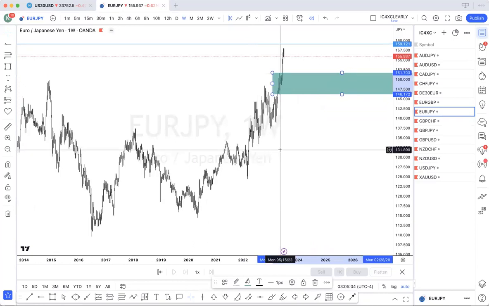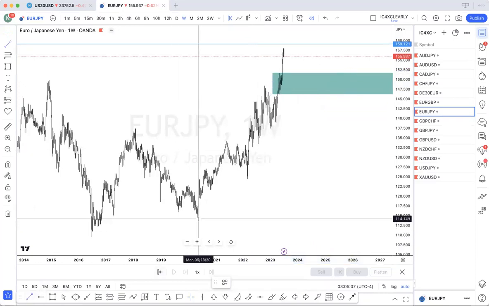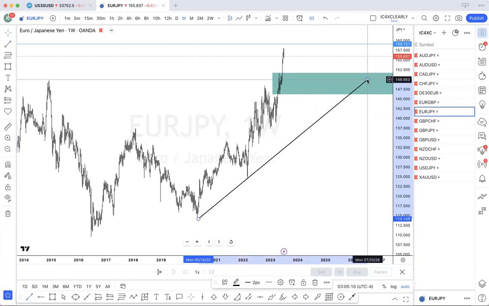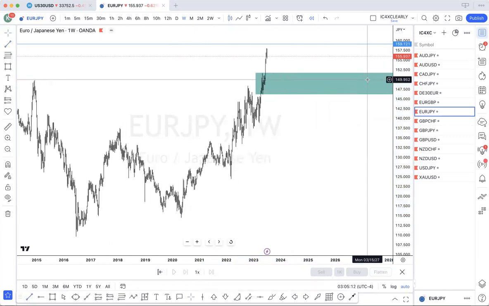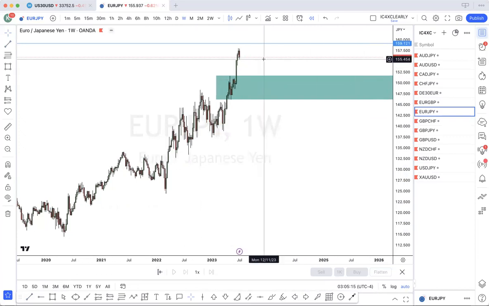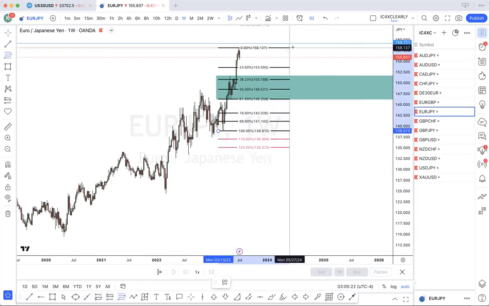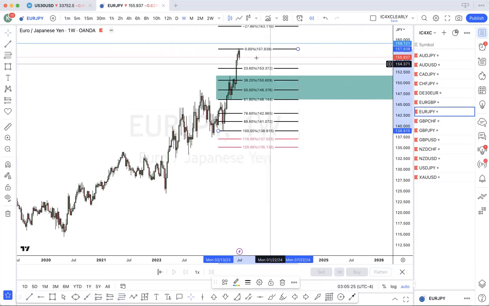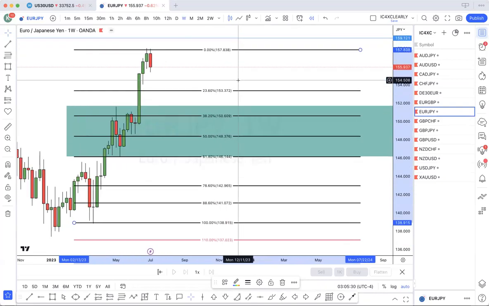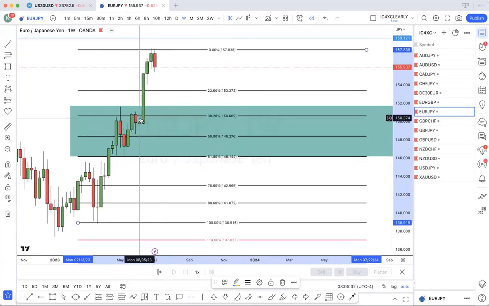So this was the last shot. The price could pull back to the 38 into this order block on the weekly. Pretty much a test of this break.